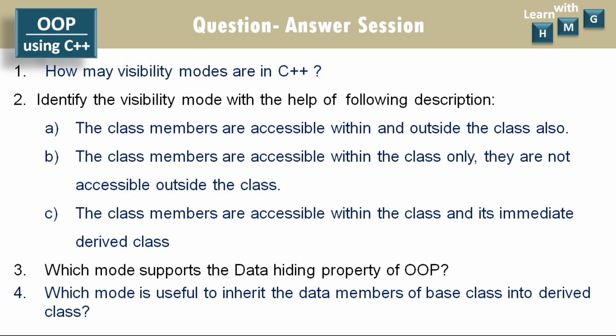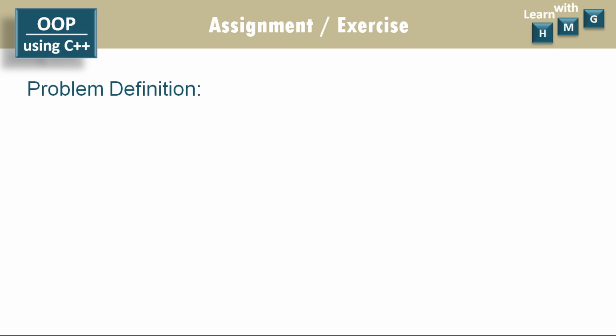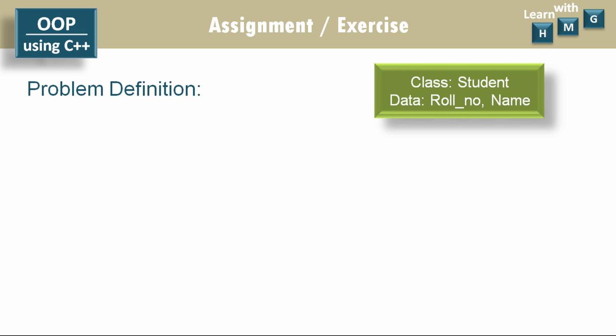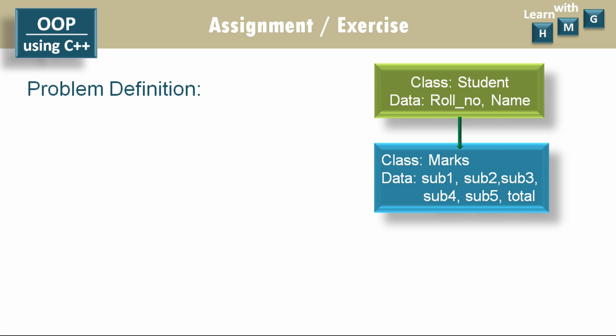Let us have an assignment or exercise for you. The problem definition is like this. There is one class student having two data members, roll number and name. Then the marks class is derived from student class. There are 6 data members, sub1, sub2, sub3, sub4, sub5, these are the marks of 5 subjects, and total.